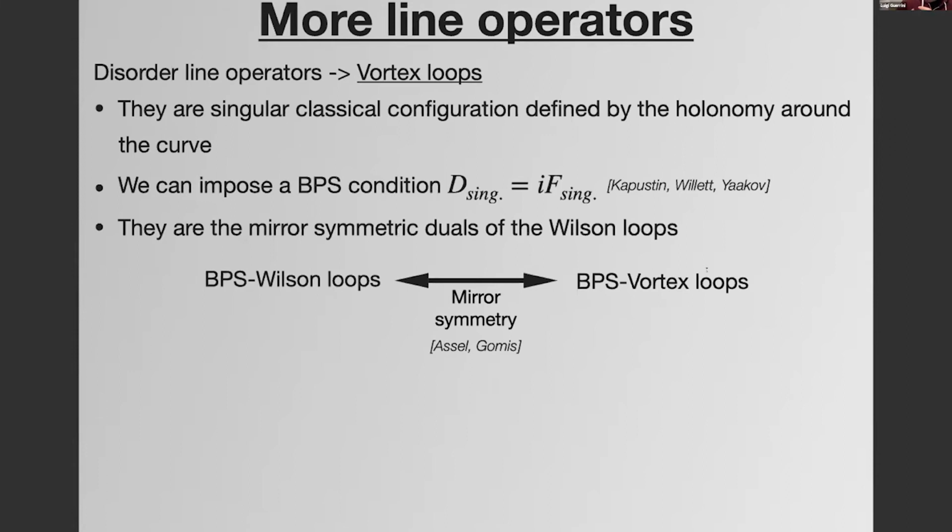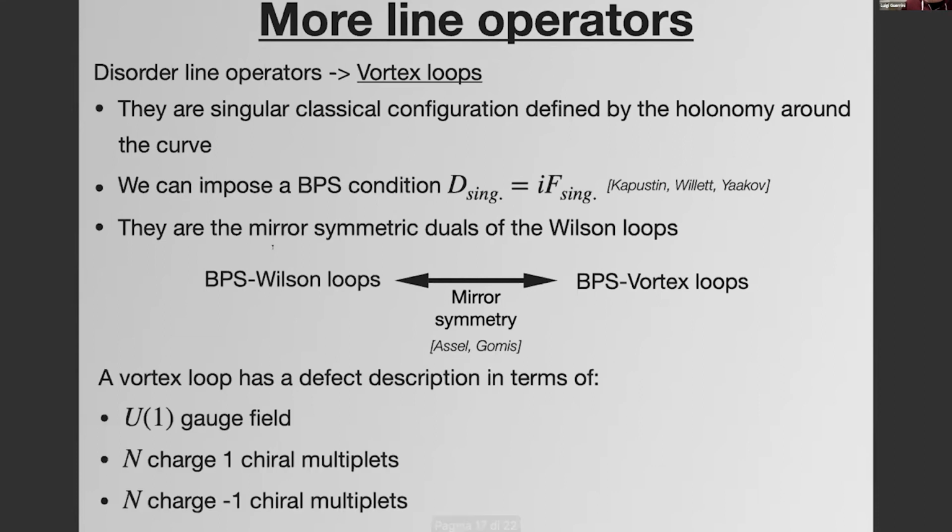Since they are disorder operators, I need to specify the singularity of the gauge field through a holonomy around the curve. Also in this case, I can impose a BPS condition. And Assel and Gomis showed that these operators are mirror symmetric to the BPS Wilson loops.